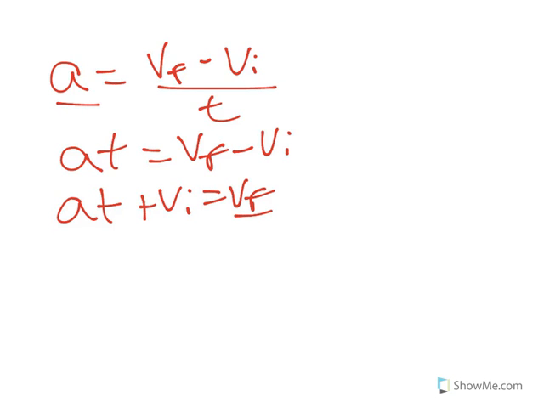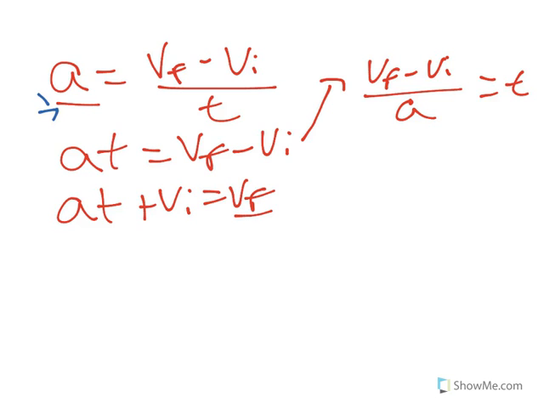You should also be able to see that you could solve for time fairly easily by doing this formula, and you could do VF minus VI over A equals T. So you can use this formula to solve for a lot of different things. The important thing here is that if you're looking for final velocity and you're dealing with acceleration, this is the formula you should probably start looking at.